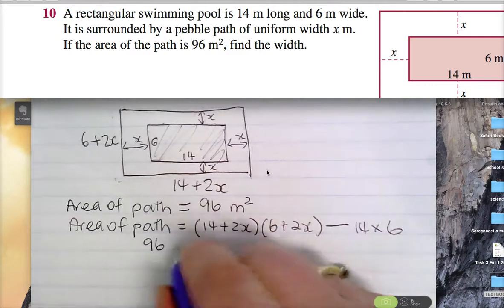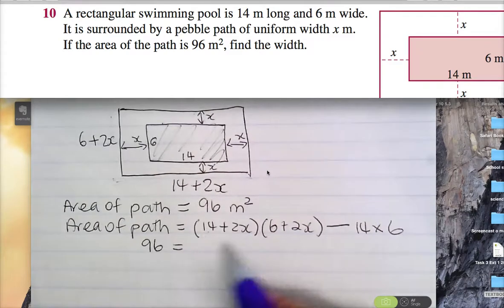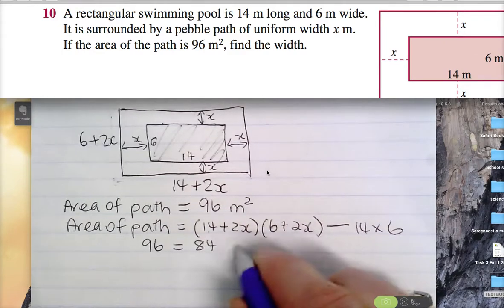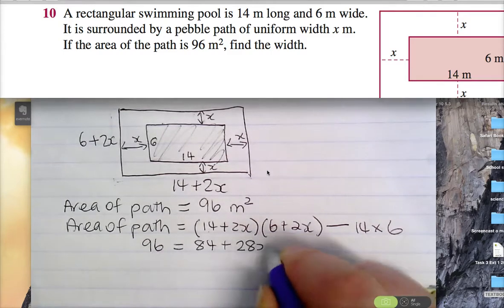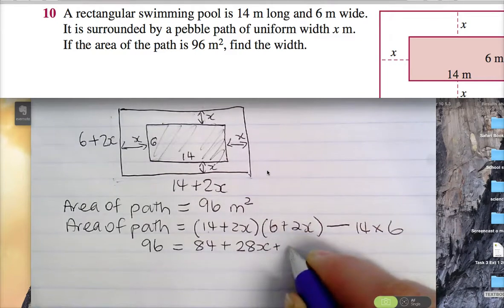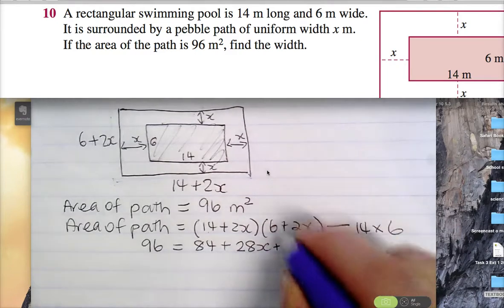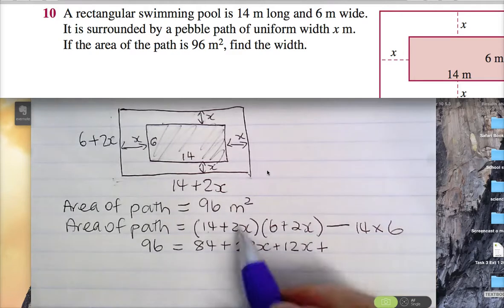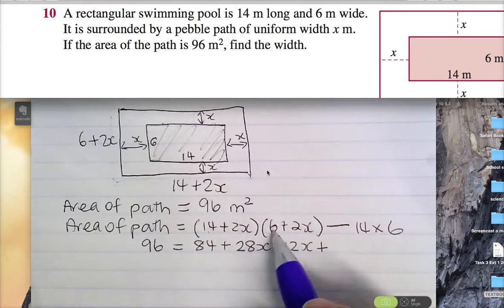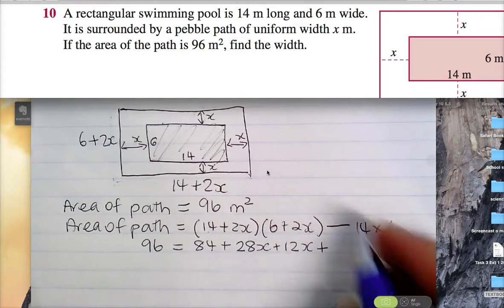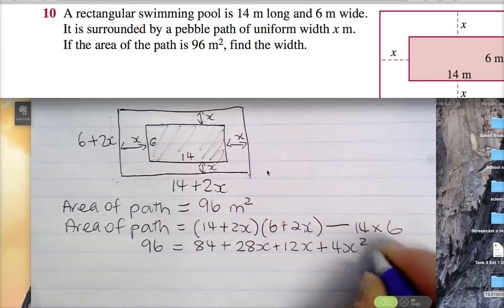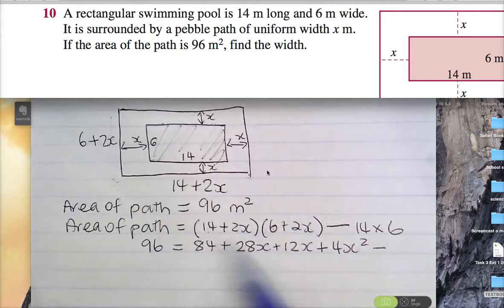So 96 is equal to, expand this bracket, what's 14 times 6? 84 plus 14 times 2x, 28x, plus 2x times 6, 12x, plus 2x times 2x is 4x squared, minus, we know 14 times 6 is 84, so take that away.